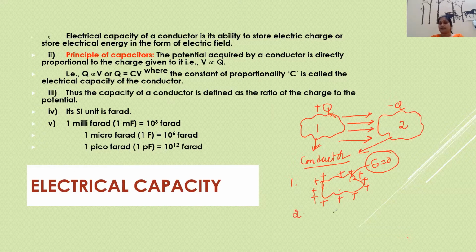Next, the second one, when you are considering a conductor: its application is in electrostatic shielding. In many cases of electrostatic shielding, we use this property. Apart from that, the potential at the surface, if taken as V surface, the same potential exists throughout the cavity. That is the second property we have to remember. The charge resides only on the surface.